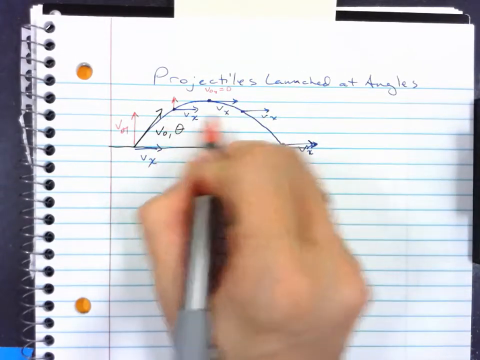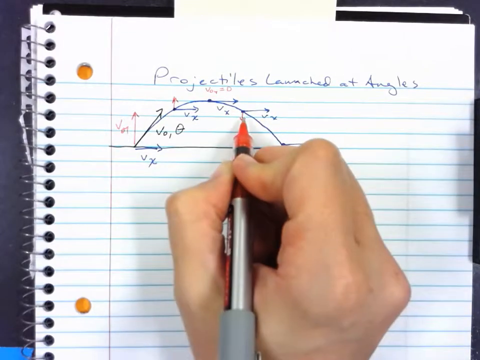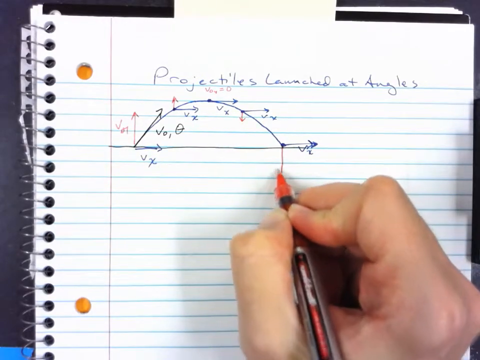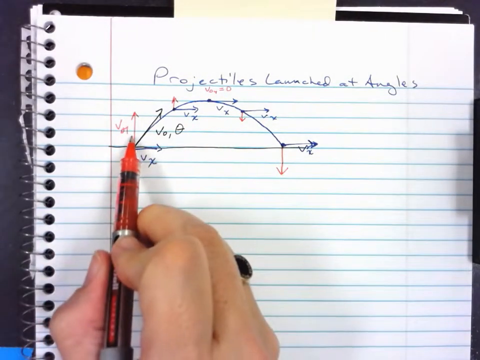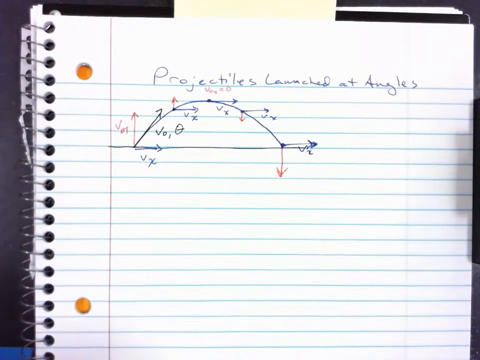Then on the way down, I matched heights here, so it's going to recover the same amount of speed, but now in the opposite direction. And then when it finally lands, we have the same vertical speed, but now the opposite direction.